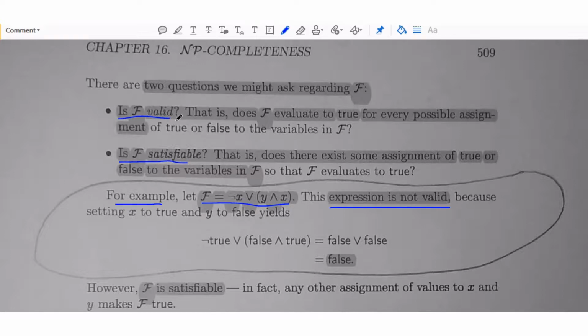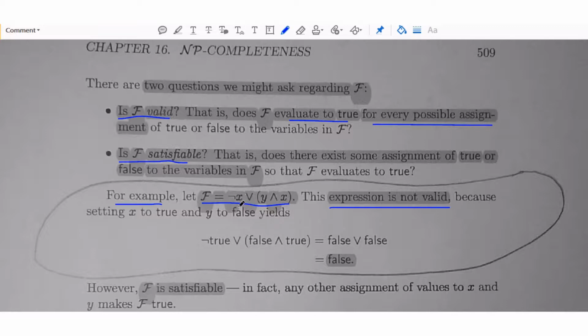The definition of validity is: an expression is valid when it evaluates to true for every possible assignment that we can have. For instance, in this expression we have two variables, x and y.